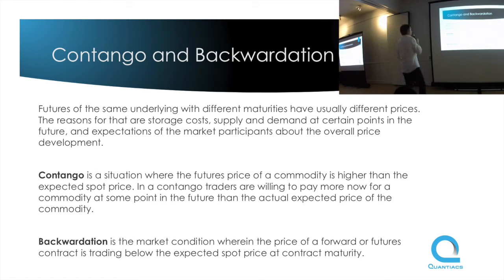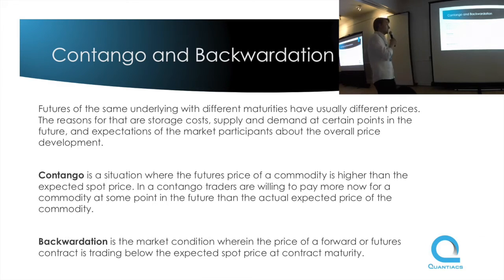Yeah, the downside or upside, depending on what you trade, of this is that contracts with different maturities usually don't come with the same price. There is usually a cost of carry, for example, for storage of a physical commodity, or the opposite would then be backwardation.